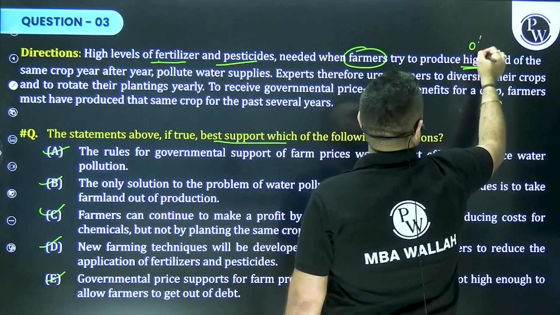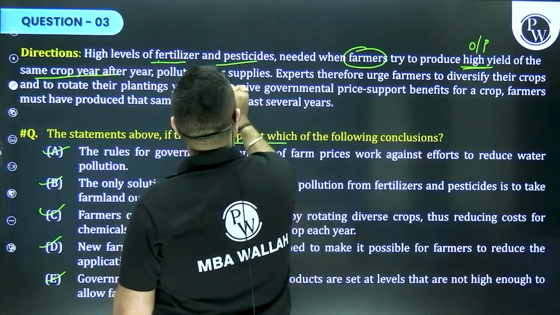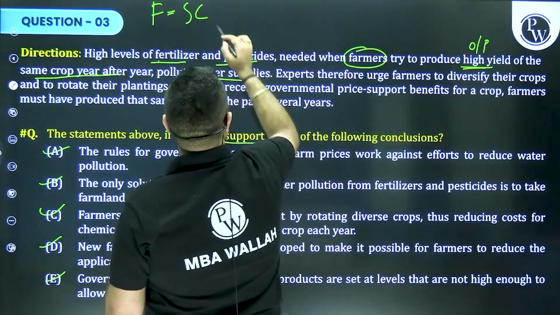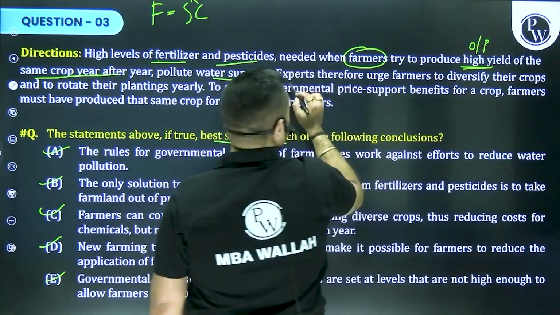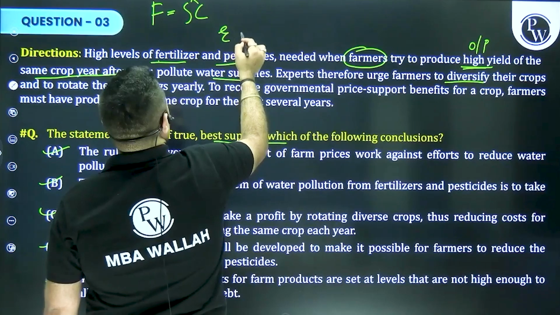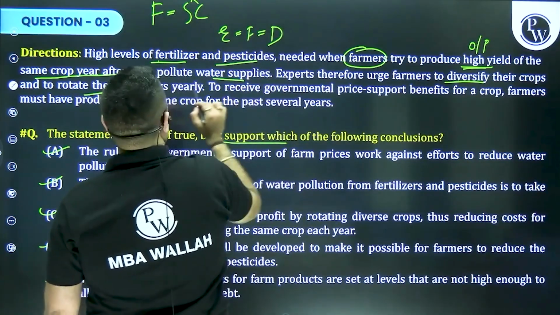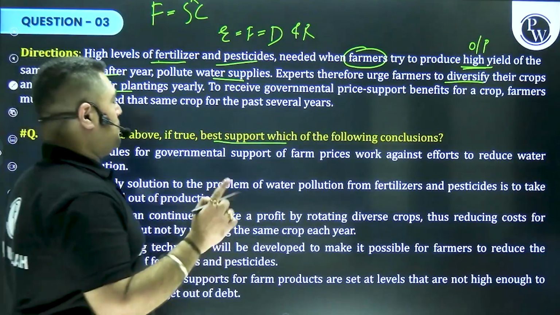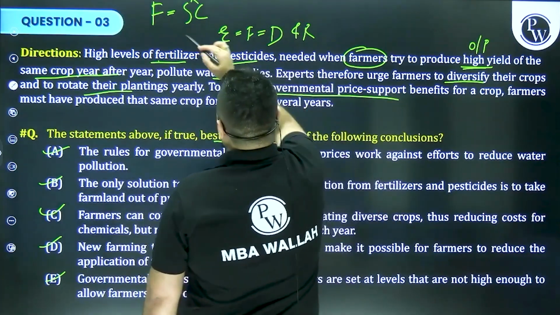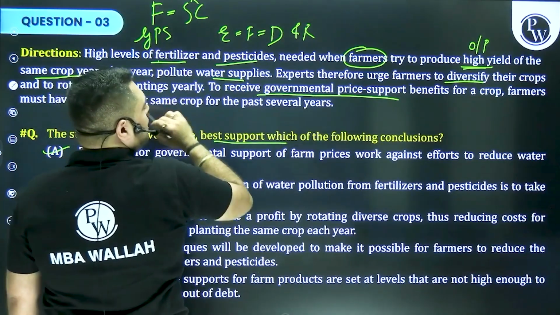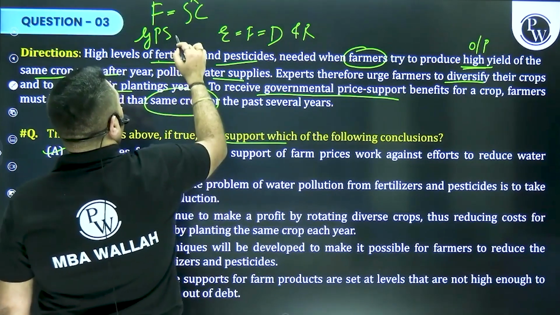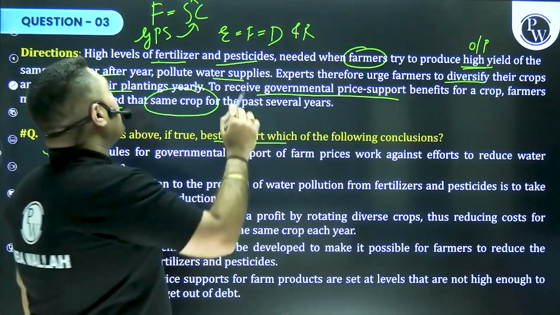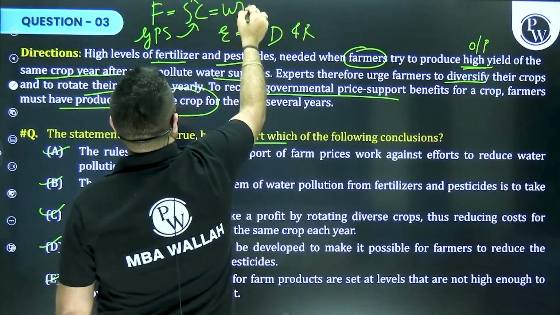High yield means high output of the same crop year after year, which pollutes water supplies. So a farmer produces the same crop year on year. Now, but this is bad, people. Experts urge farmers to diversify. So what do experts say, beta? Experts ask farmers to diversify and rotate. Meaning experts say don't grow the same crop, diversify, do different ones. But people, to receive governmental price support, farmers must have produced the same crop. Meaning if you grow the same crop, farmers will get governmental price support. But because of the same crop, people, there is water pollution.